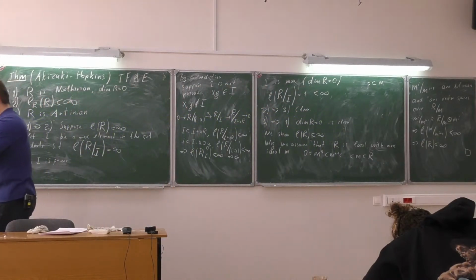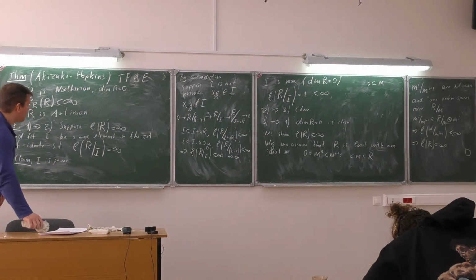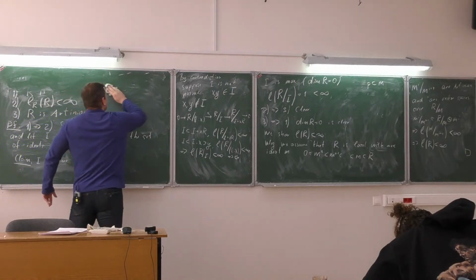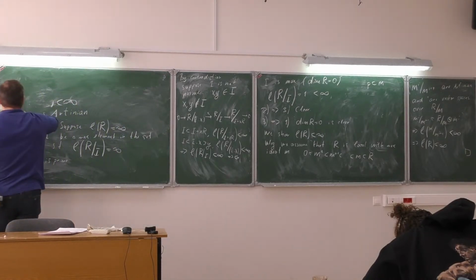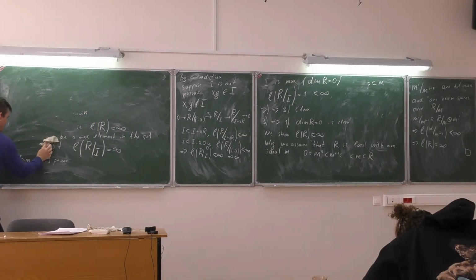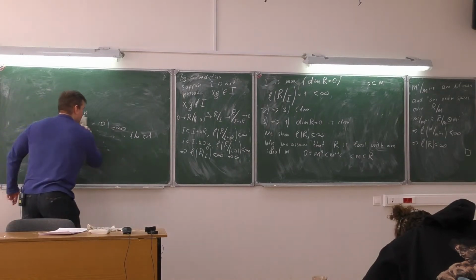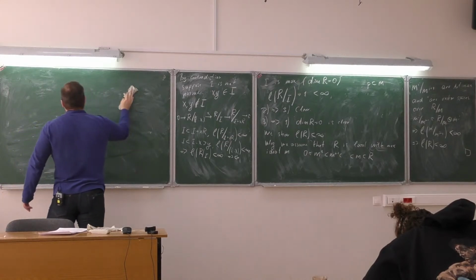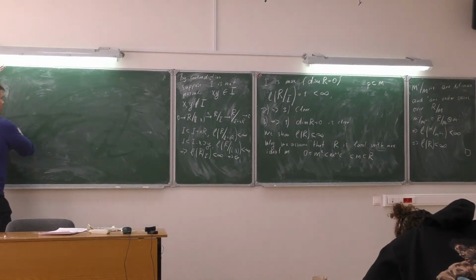So I have just several minutes, and I want to spend these several minutes on examples. From the point of view of this theorem, we can think about Artinian rings in some sense as small rings.